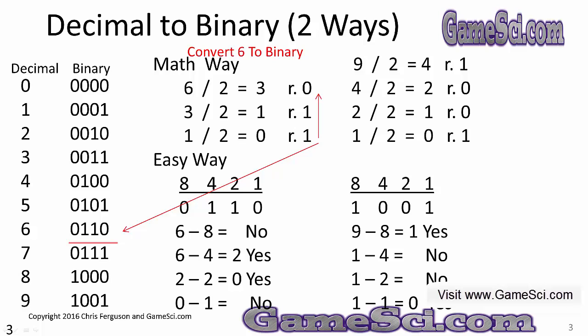If you start at the bottom and read this backwards, 110, guess what? 110 is decimal 6. I started with a 6 and I generated a 110. Repeatedly dividing by 2 and looking at the remainder is one way to convert from decimal to binary.